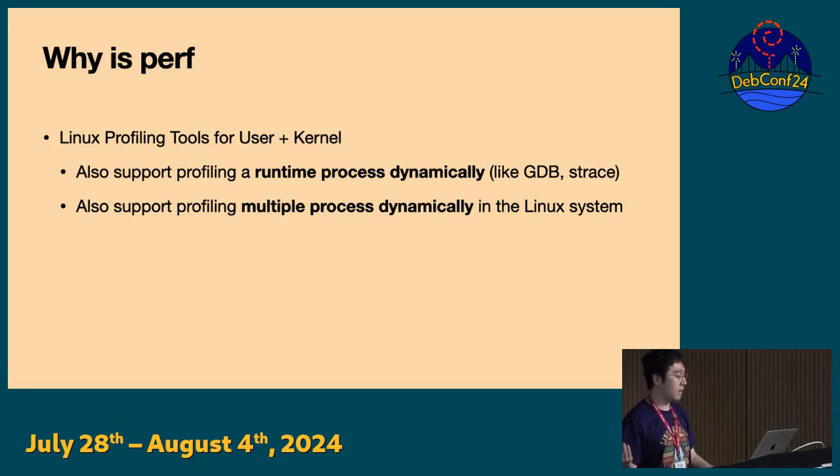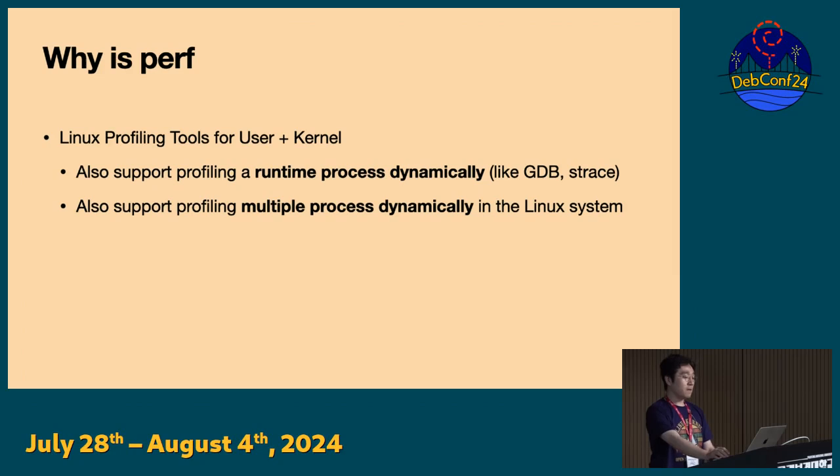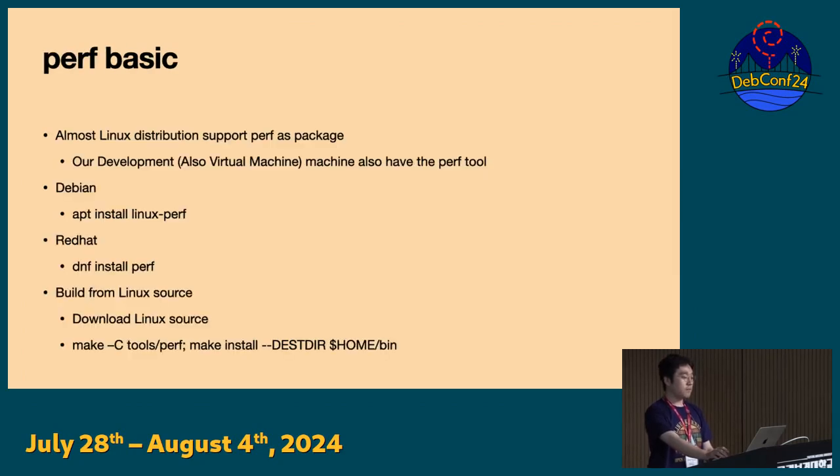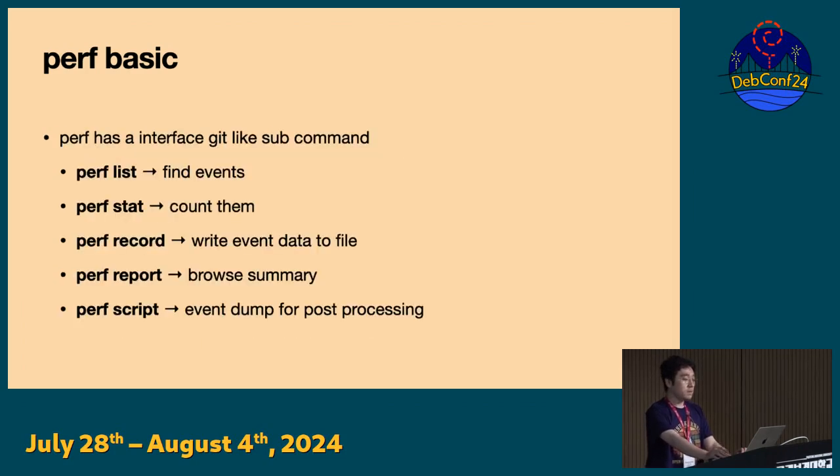It can profile runtime processes dynamically, and multiple processes also. These features make Perf suitable for profiling live production systems. Perf is usually installed in both development and live production environments, and most Linux distributions support it.